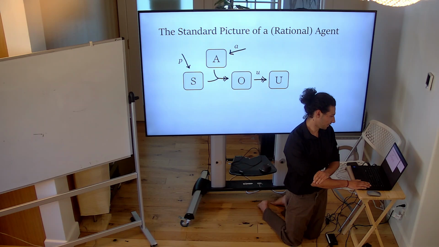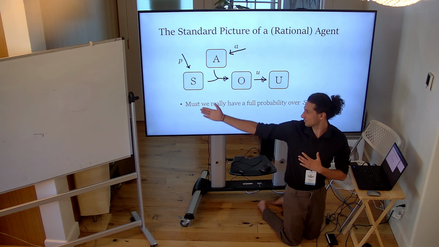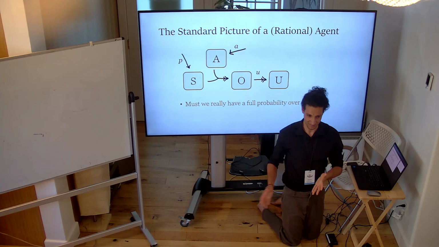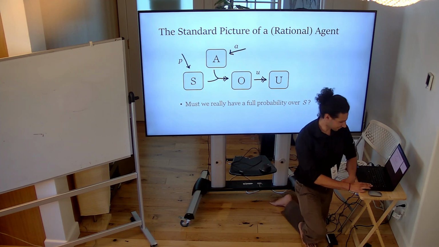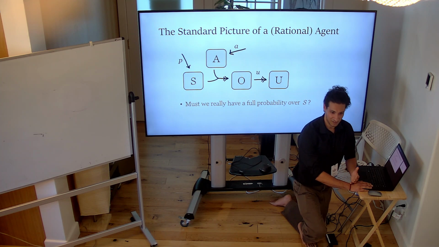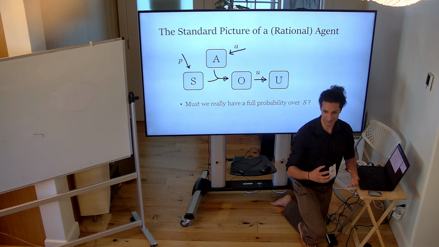Okay, but there's some problems conceptually. Maybe one is, if this is the set of all possible states you conceive of, then do you really have to have a full distribution over S to make sense of things? Some people would argue no. Joe argued no yesterday. We're going to see a dual notion of like, what if you have too much information to have one of these things?